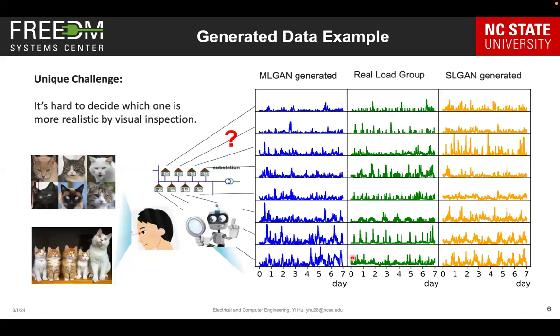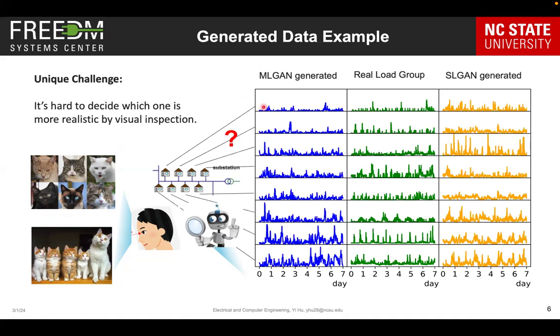Once the model is well trained, we need to evaluate it. But there is a unique challenge. Imagine you generate a family cat. You can very easily distinguish which one is a cat family and which one is not, because we human beings are sensitive to images, so we can easily do it by visual inspection.